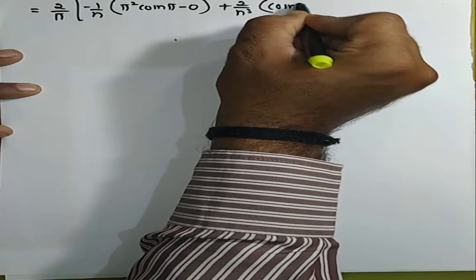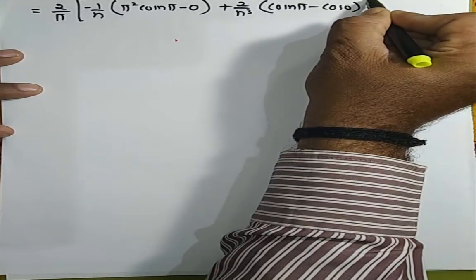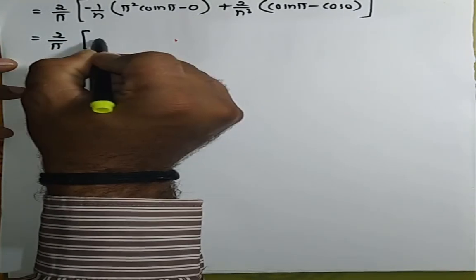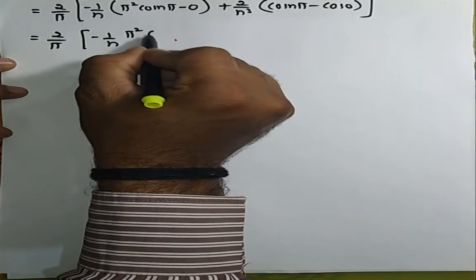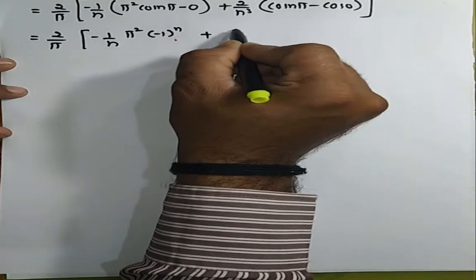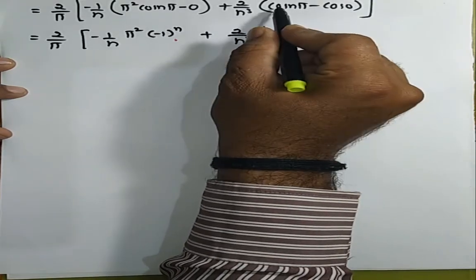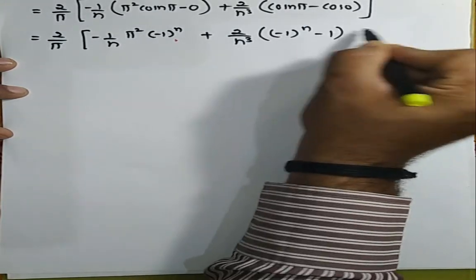When you apply pi, it becomes cos n pi, minus when you apply 0, cos 0. Okay, so bracket complete. So 2 divided by pi, bracket, minus 1 by n, pi square cos n pi, it is pi square into minus 1 raised to n, plus 2 divided by n cube, so it becomes like this, cos n pi is minus 1 raised to n, minus 1, bracket complete.